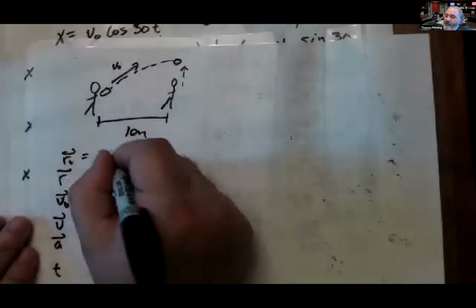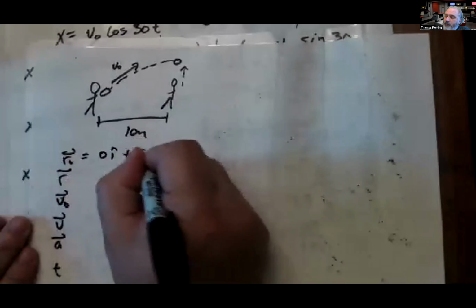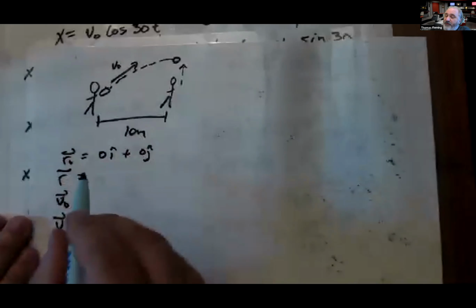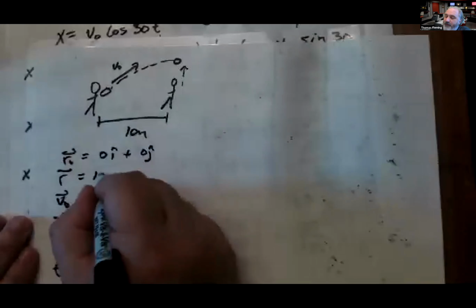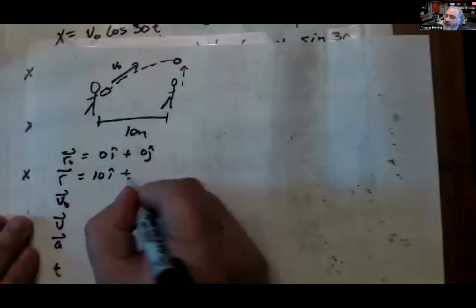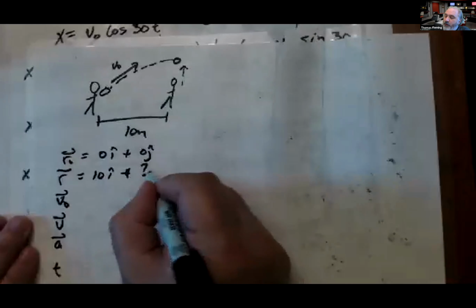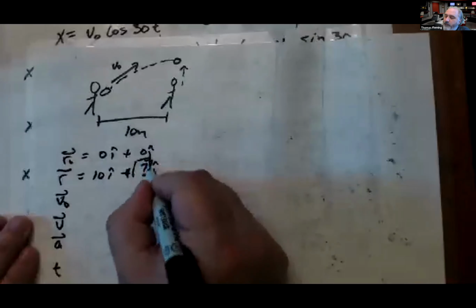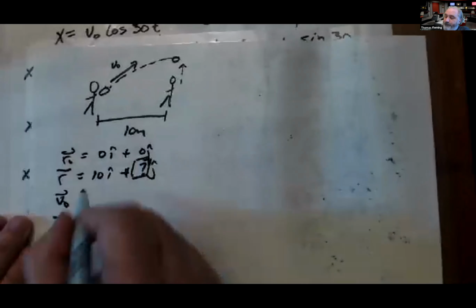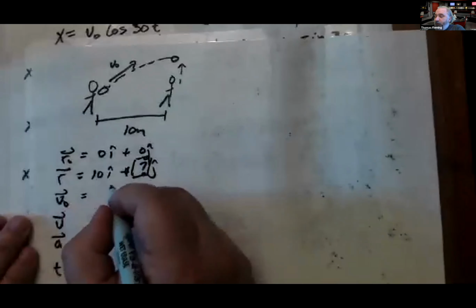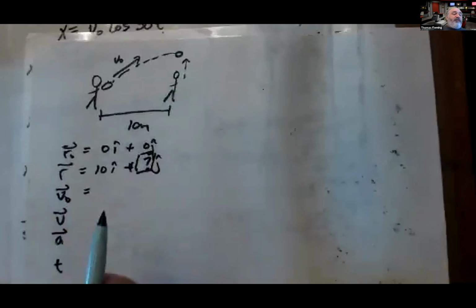hasn't changed. Starting position I can still call 0, 0. My final position, though, is going to be only 10. And he's going to have to jump up an unknown height. That's what I'm looking for. V initial, we now know V initial was 13.